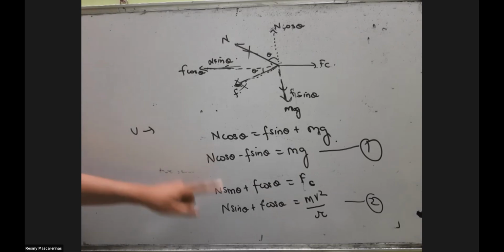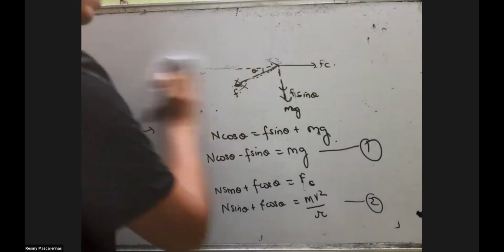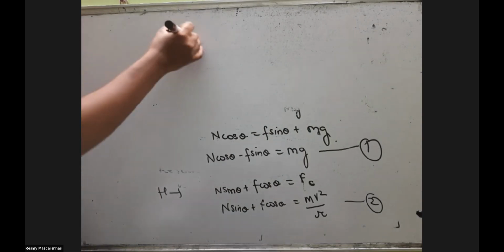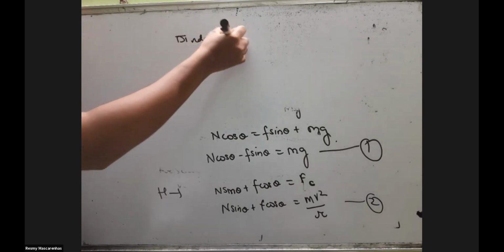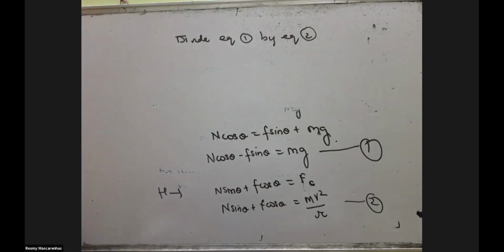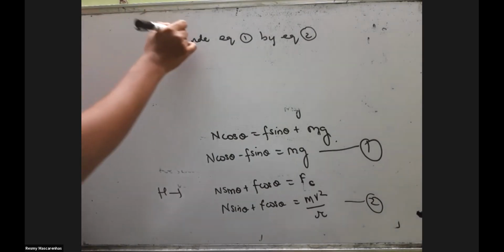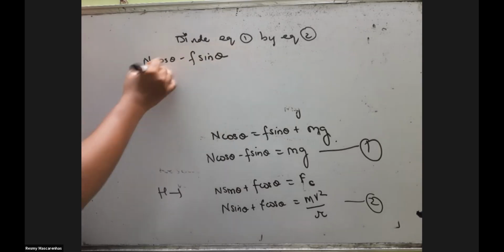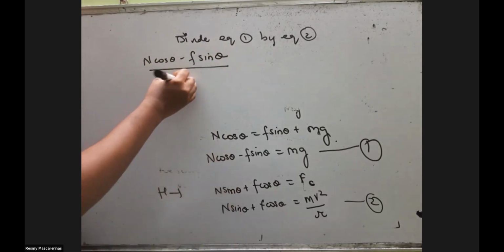Now what we will do is we will divide equation 1 by equation 2. So first divided by second, N cos theta minus F sin theta upon N sin theta.